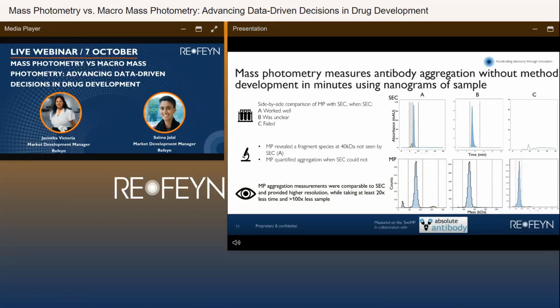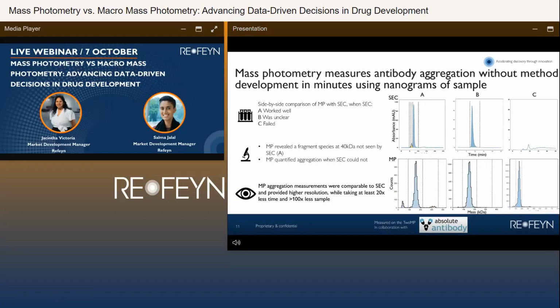But as you can see in the case of situation C, they have some molecules that behave so strangely on their SEC columns that they're unable to get any meaningful data out. And like I said at the beginning of the slide, all of these formats are monoclonal antibodies. So you're seeing these differences in retention behaviors even between antibodies of the same format. And this isn't even considering additional complexity that comes when you're working with bispecifics or ADCs.